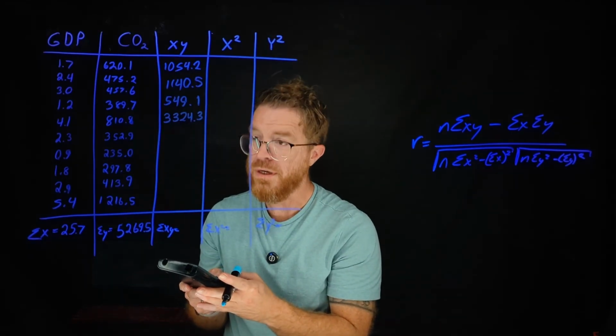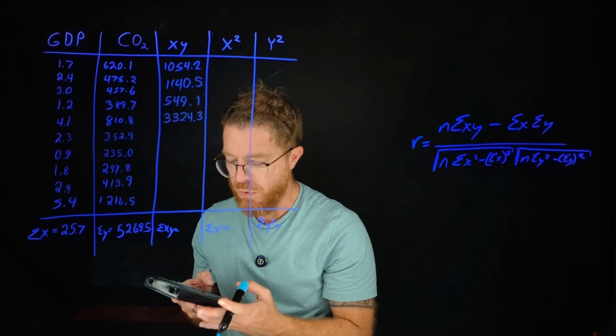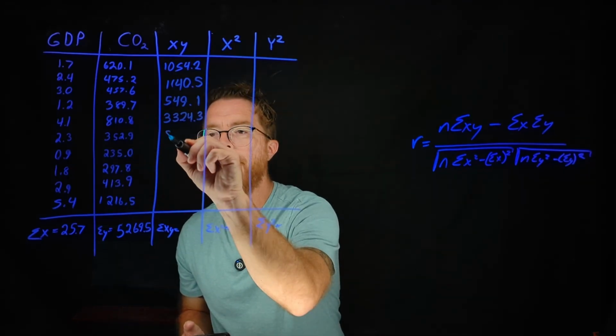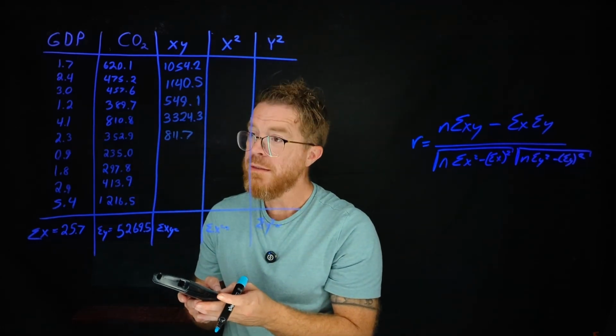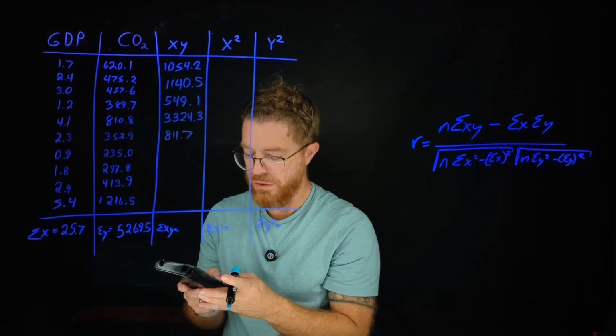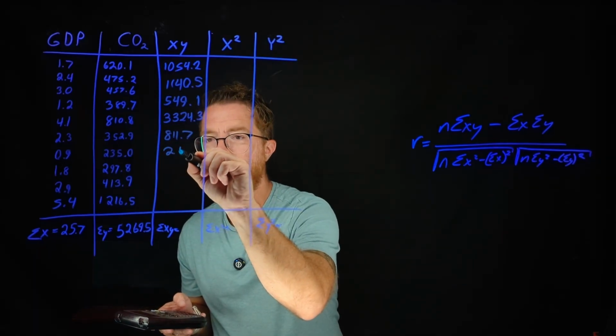Next one we have 2.3 times 352.9, which gives us 811.7. 0.9 times 235 gives us 211.5.